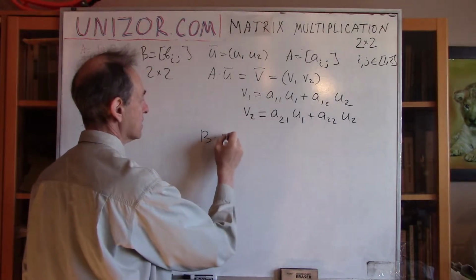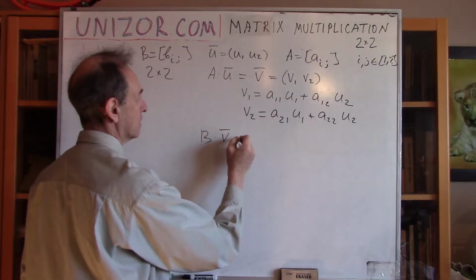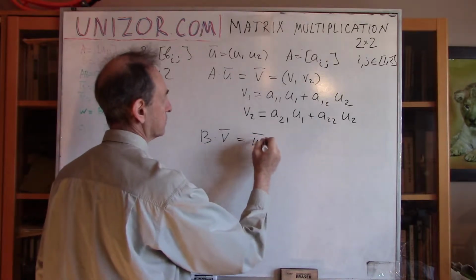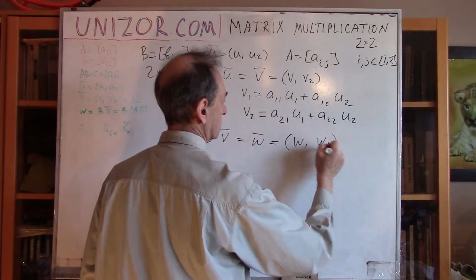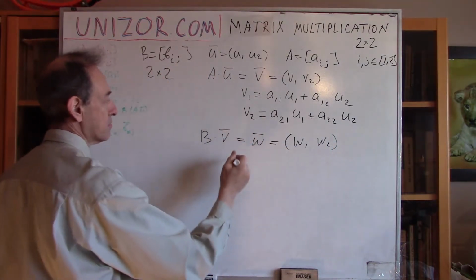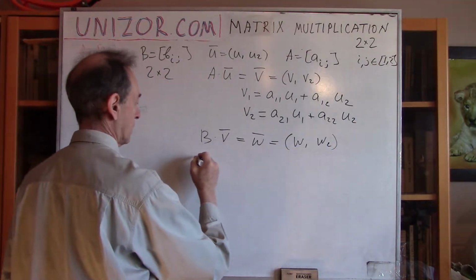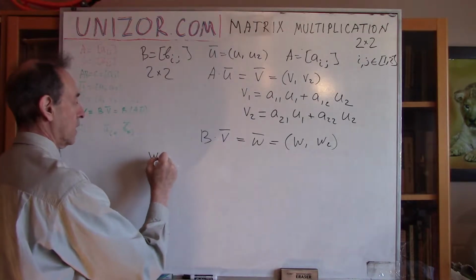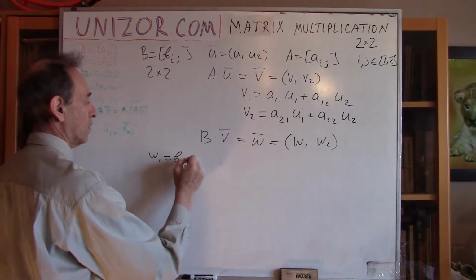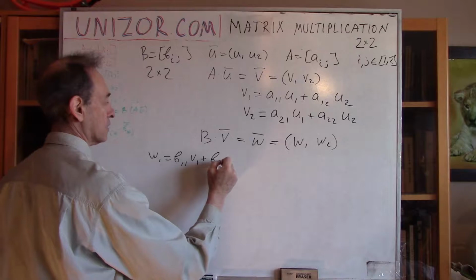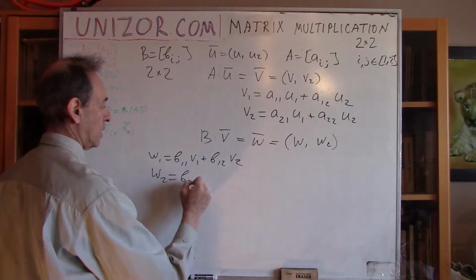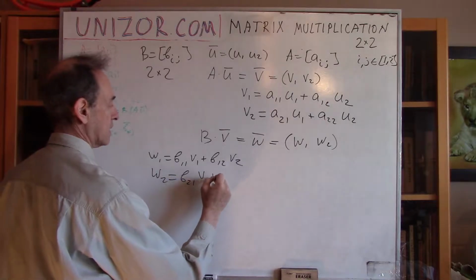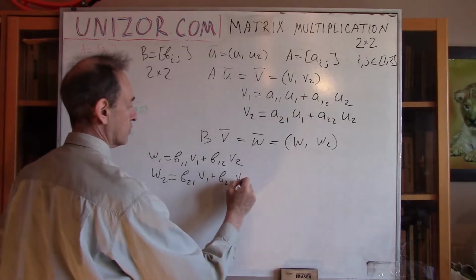And I apply this matrix to vector v to get vector w, which is related similarly to v. So w1 is equal to b11 v1 plus b12 v2, and w2 is b21 v1 plus b22 v2.